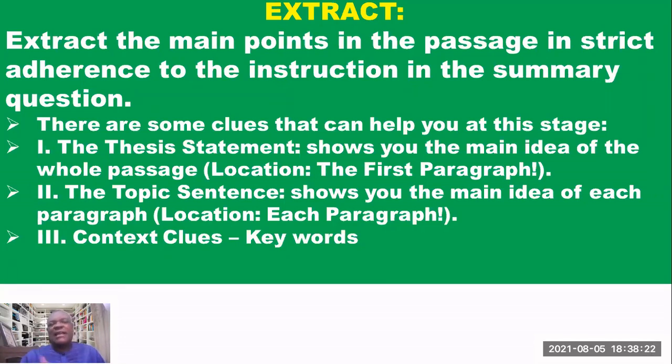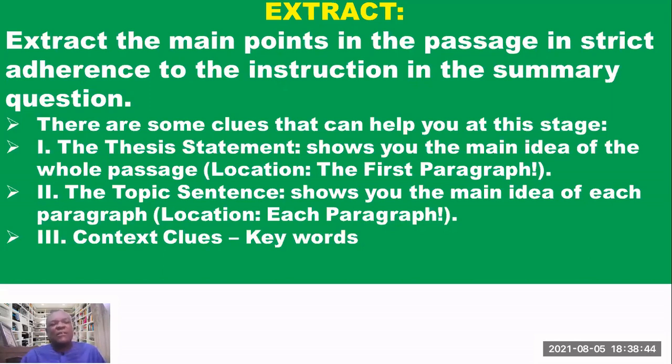And that piece of information gives you a clue as to how you can easily summarize the whole passage. Assuming there is a question that requires you to summarize the whole passage in one sentence, the thesis statement will help you to do that.